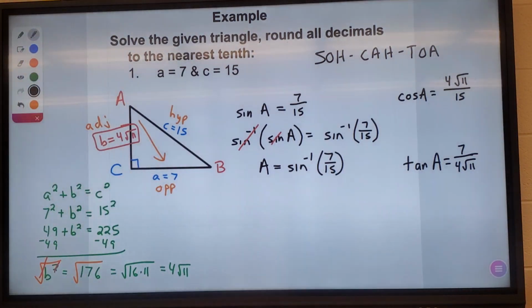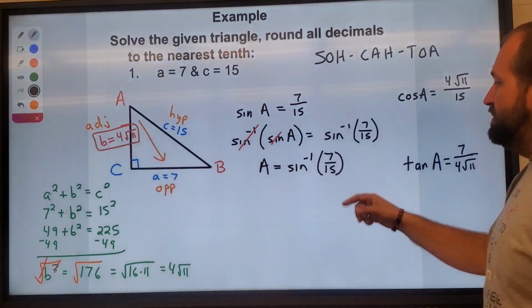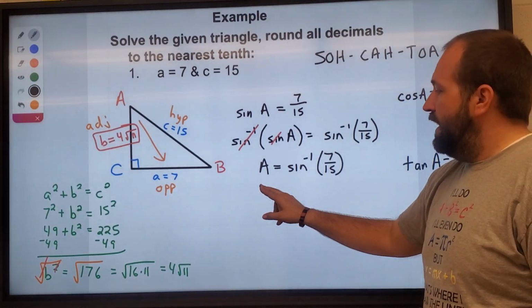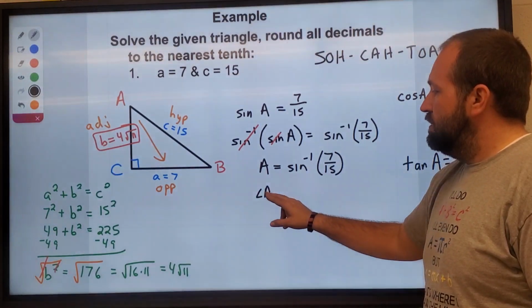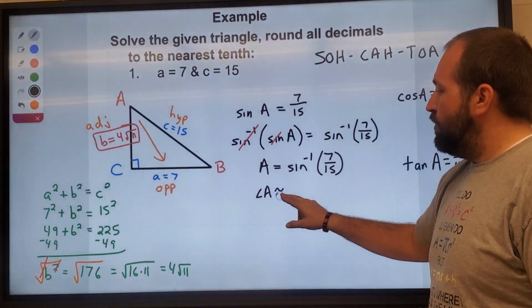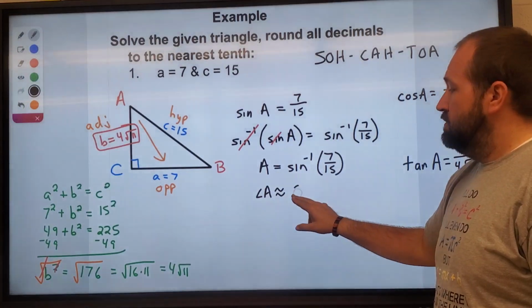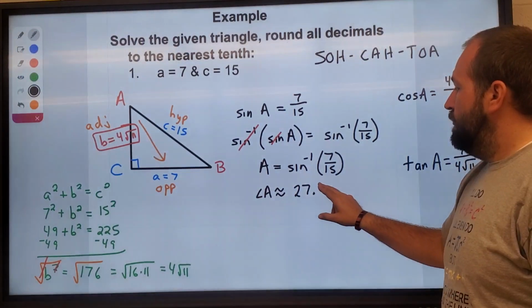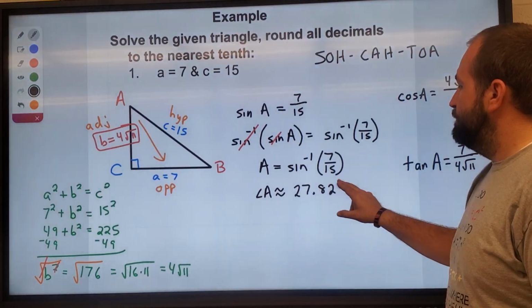Again, depending on the calculator you're using, it will depend on how you plug this in. But if I take the inverse sine of 7 over 15, I end up with angle A being approximately 27.82 degrees.